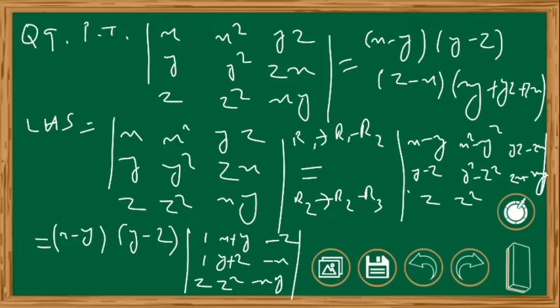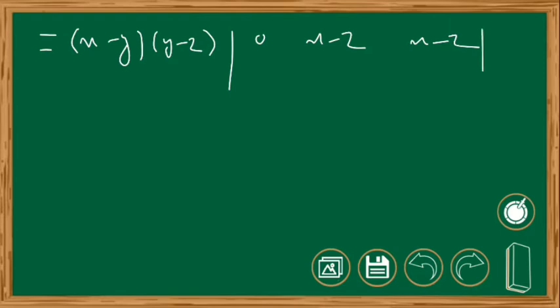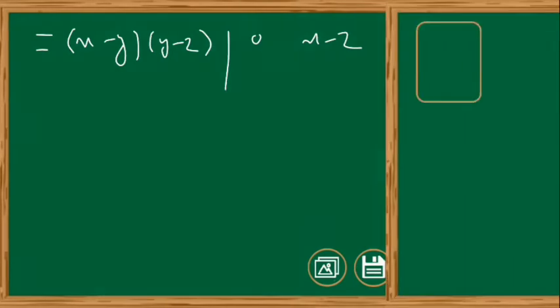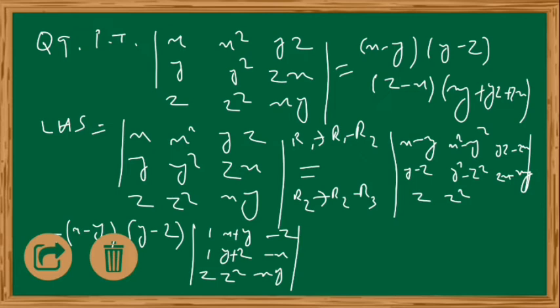So this will be equal to x minus y whole into y minus z, and as I have suggested, this one is 0, and this one will be x minus z, and here it will be x minus z.